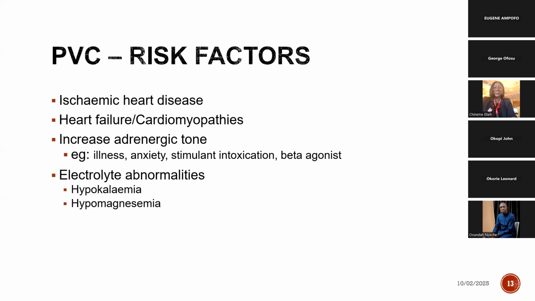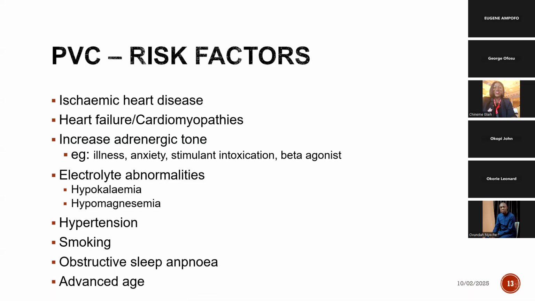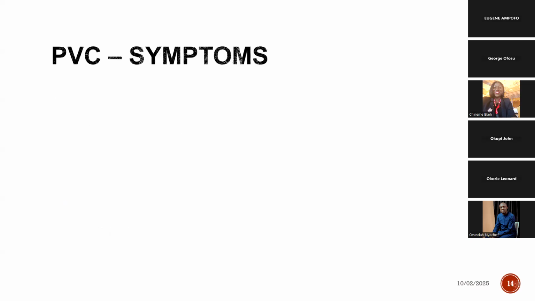Patients with anxiety, patients who have taken stimulants, and patients who have taken beta agonists usually have increased adrenergic tone, and that makes PVC common in this group. Also, electrolyte abnormalities, commonly hypokalemia and hypomagnesemia, and patients with hypertension, smoking, obstructive sleep apnea, and also advanced age.